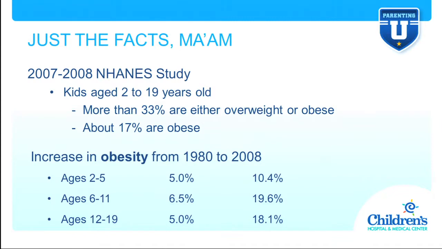Part of it is we all have extremely busy lifestyles, and a lot of our families are two working parents, so the kids spend a lot of time in after-school activities or at the babysitters. There's been an increase in video game playing and TV time.